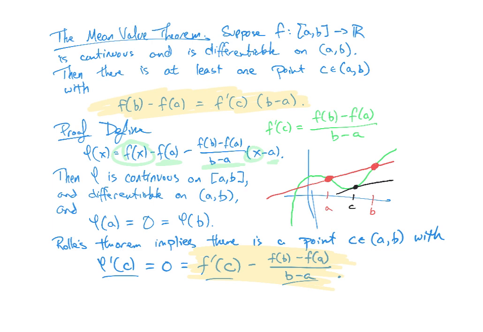Any questions on the mean value theorem? Notice, by the way, that I said Rolle's theorem is a special case, and you see, if f of b and f of a are the same thing, then we get a 0 there, and so f prime would have to be 0.